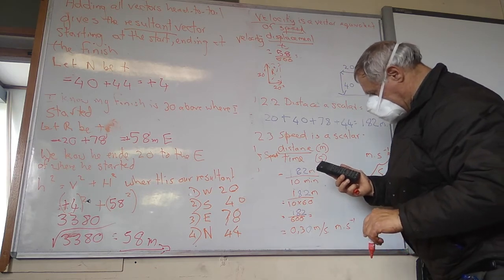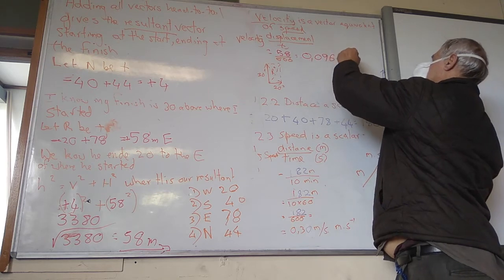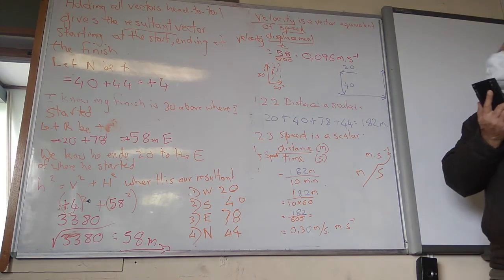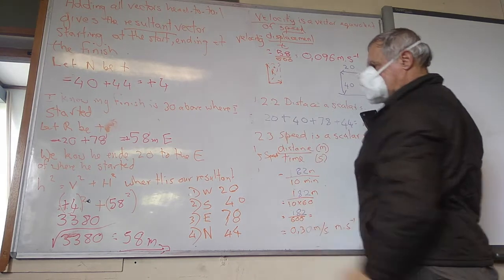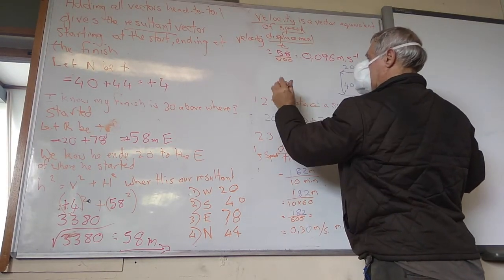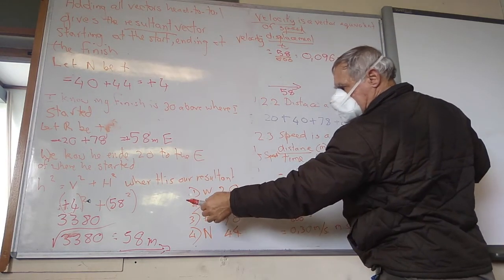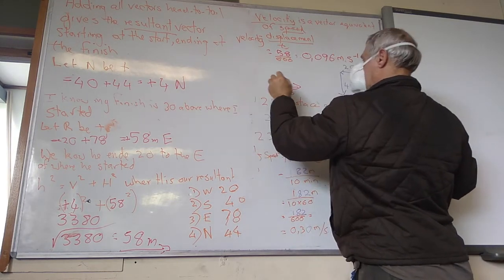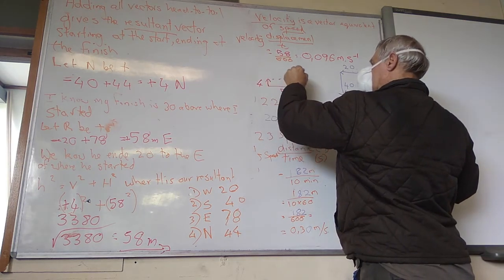So what we had, if we were to draw our vector like this, just the two summarized, this would be 58 to the east and 4 to the north. And your resultant would be, let's do it in a different color, this answer we got, which was 58.